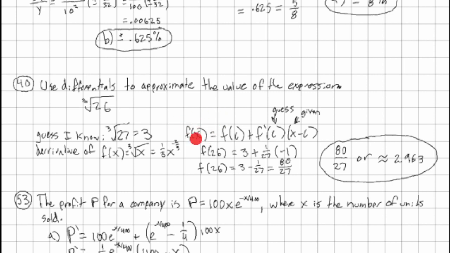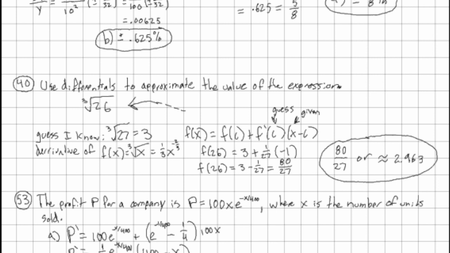And then I use this formula to figure out the approximate value: f of c, which is the guess, f of c is 3, so f of x is approximately f of c plus f prime of c times x minus c, and x is what I need to solve for, 26. So I plug in the values. f of 26 equals 3 plus 1 over 27 times negative 1, because 26 minus 27 is negative 1.